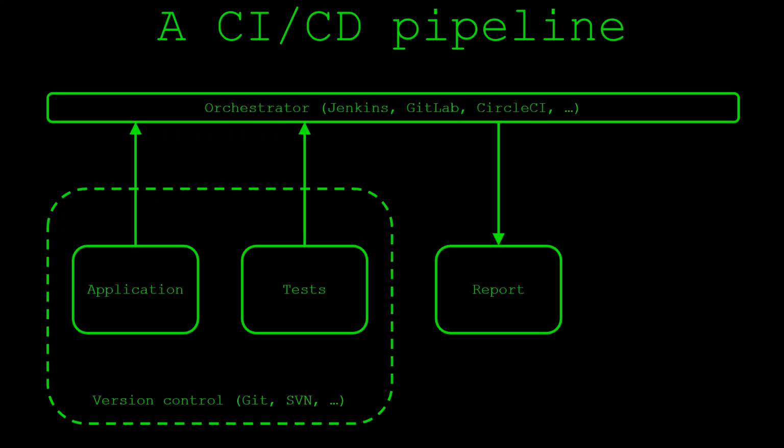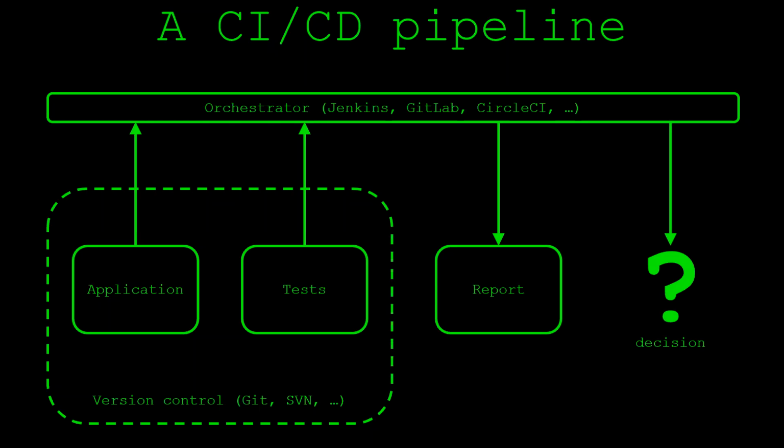The orchestrator, so Jenkins or GitLab or whichever tool you're using, is going to pull code from your version control, application code and test code, perform some tasks on it, build the application, run the tests, deploy the application somewhere, and it's going to generate reports, and those reports can be consumable either for other human beings or for other machines. So these can be reports in all different kinds of formats.